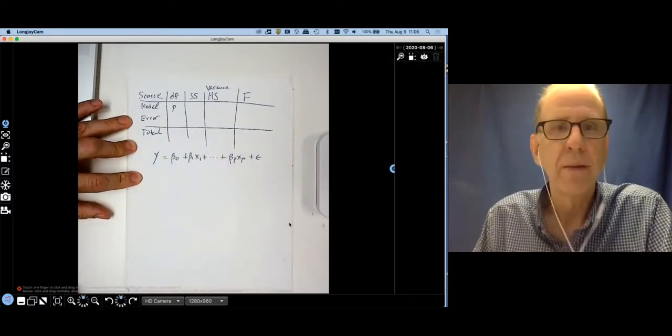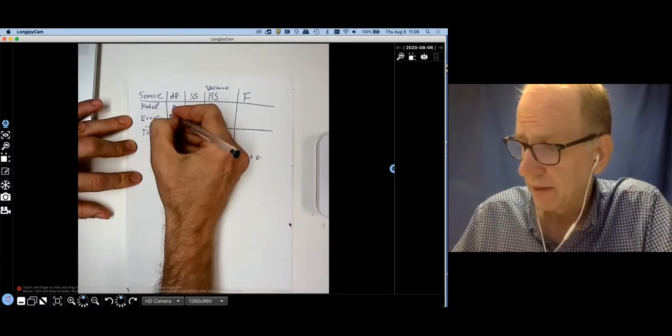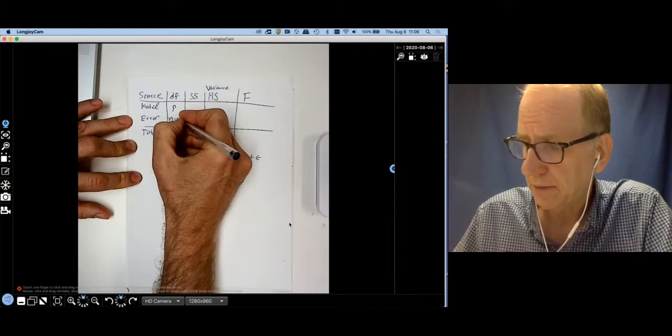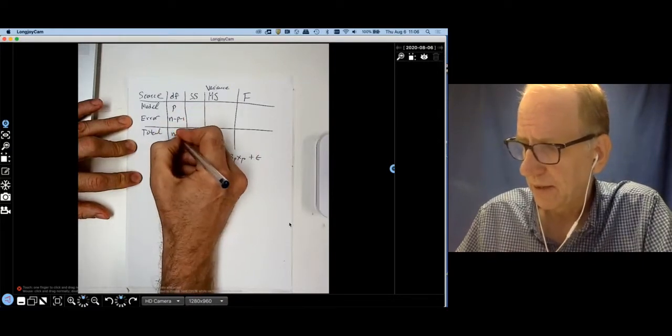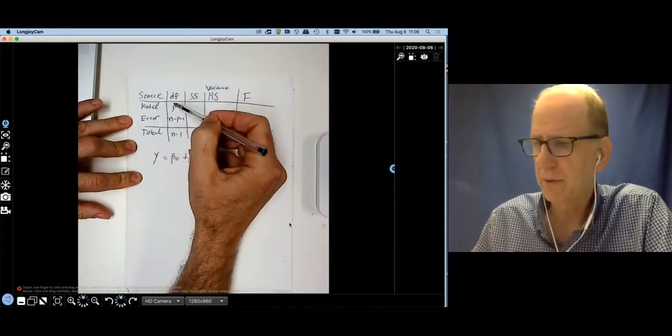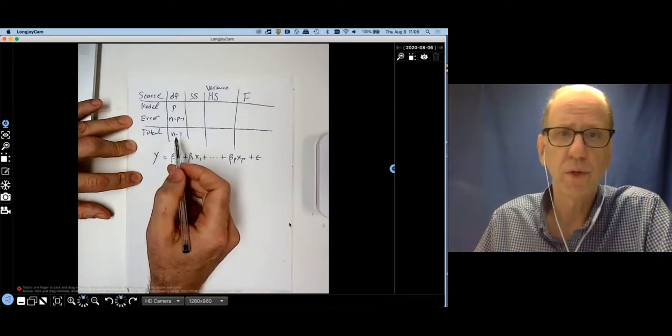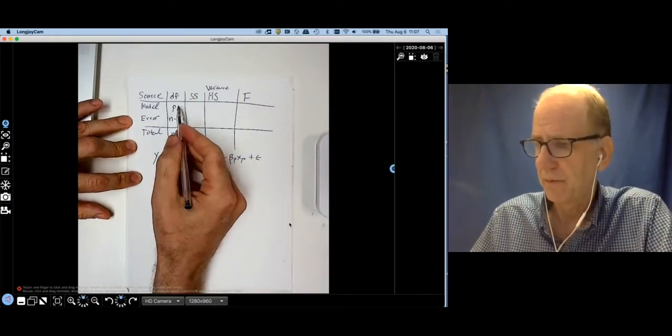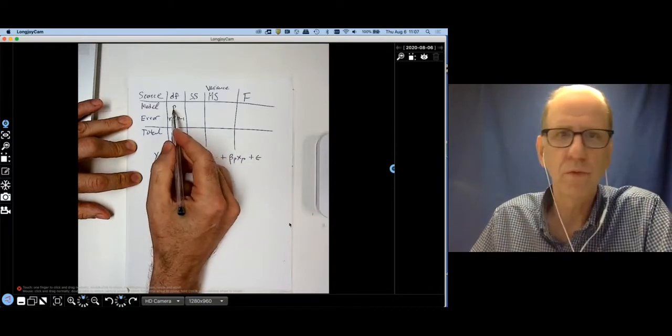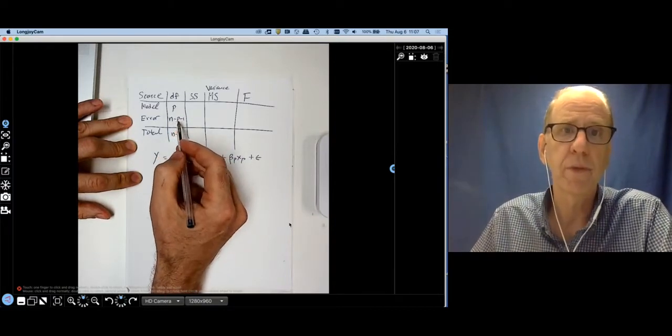The model has P degrees of freedom. The error has n minus P minus 1, and then the total is n minus 1. So remember with ANOVA tables, they always add up. And so we have n minus 1 total degrees of freedom, and we partition that into what the model's doing versus what the error is.